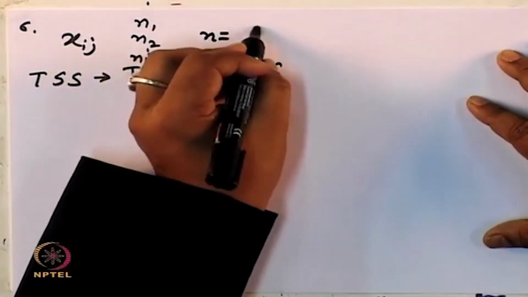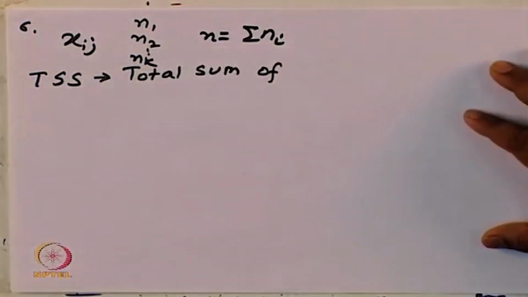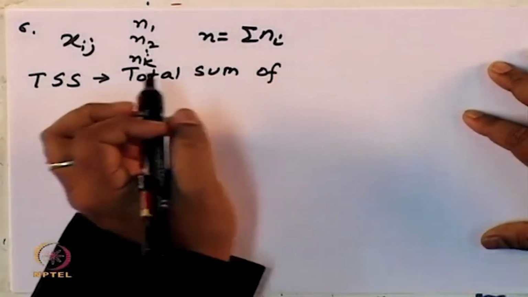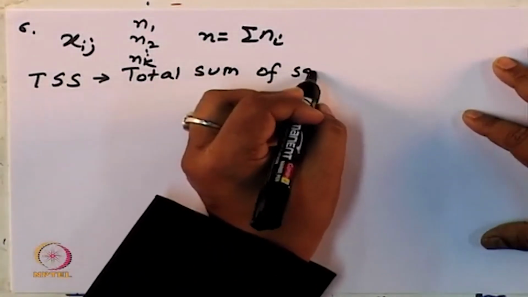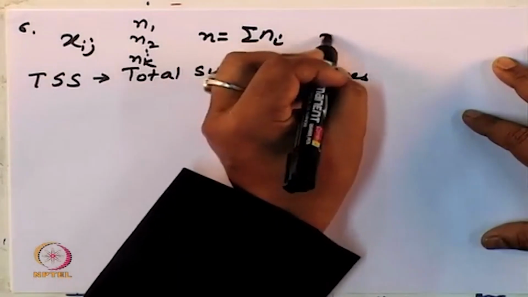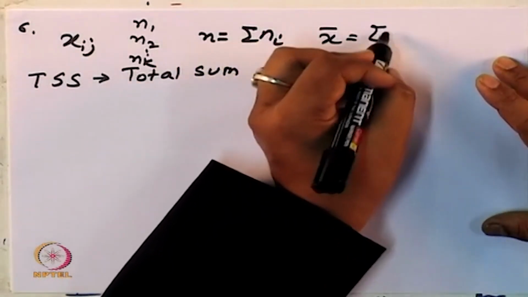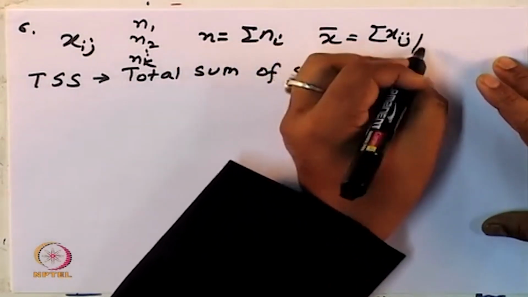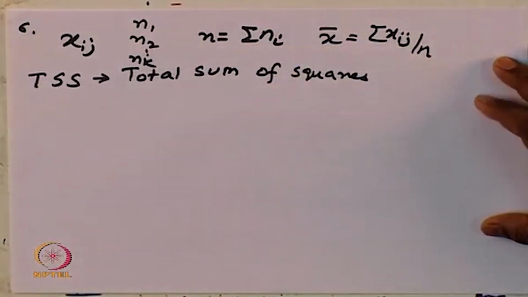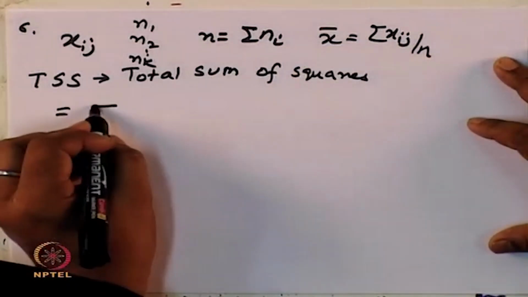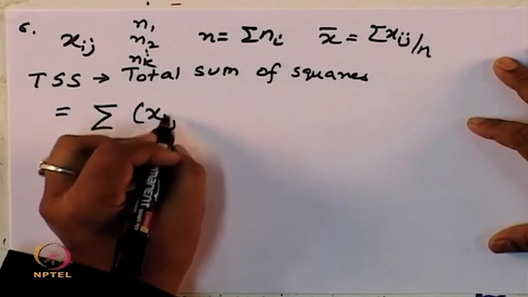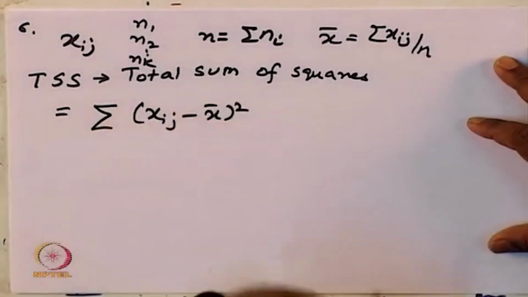You define n as the summation of all n_i. Let us say x bar is the summation of x_ij by n. So, TSS is defined as the summation of (x_ij minus x bar) whole square.